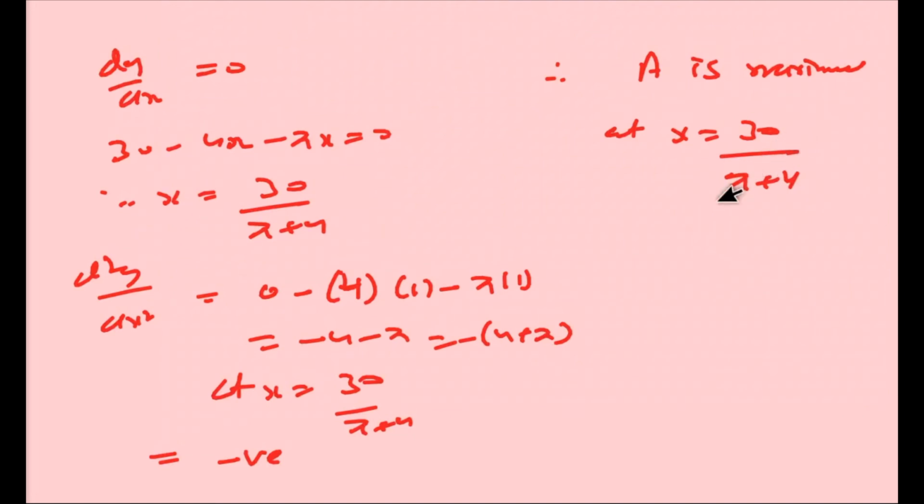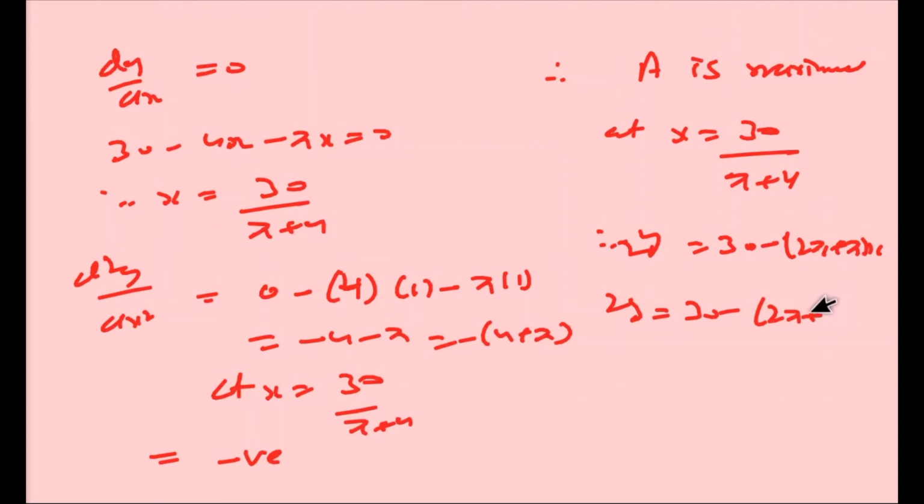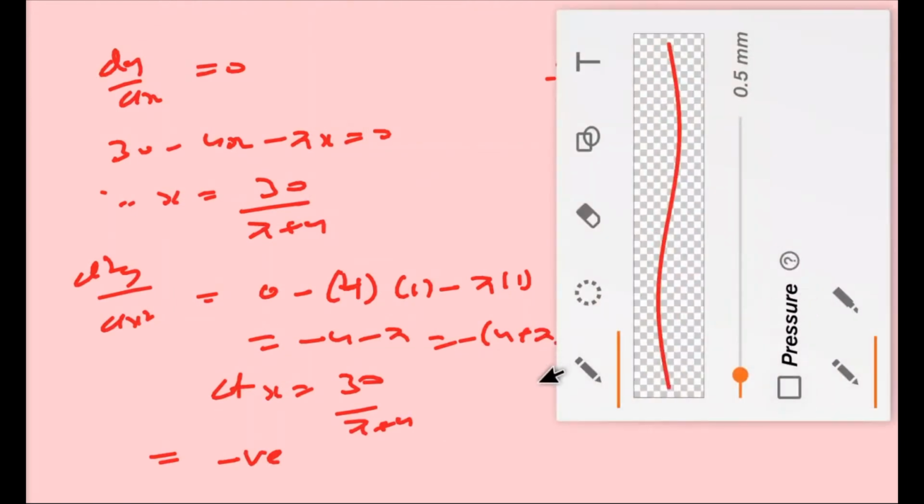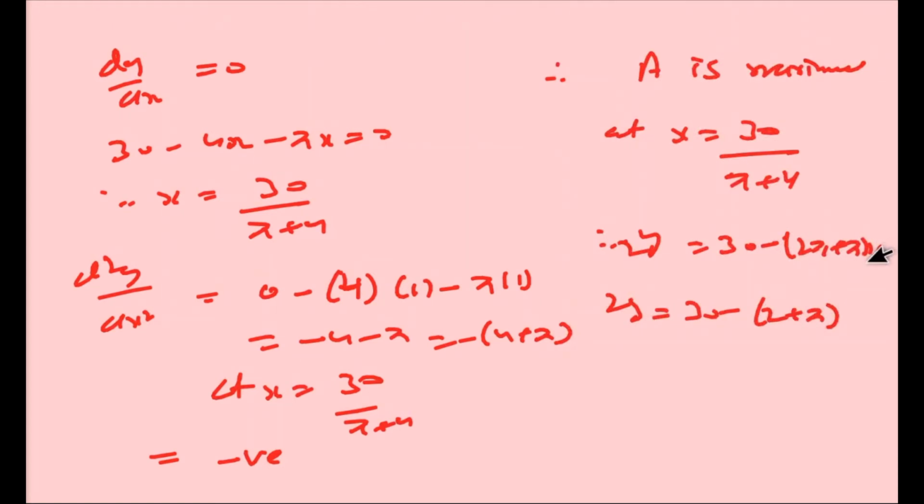Now we want to find the value of y. Hence using the previous equation, 2y equal to 30 minus 2 plus pi x, putting value of x here, we can get 30 minus 2 pi plus 2 plus pi x, where x is 30 upon pi plus 4, and solve it.